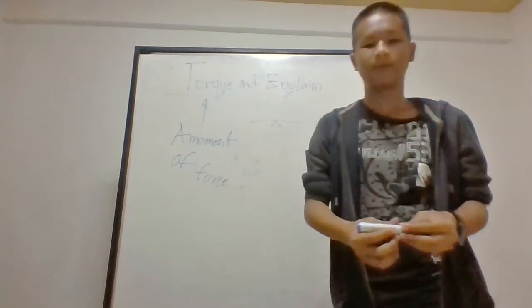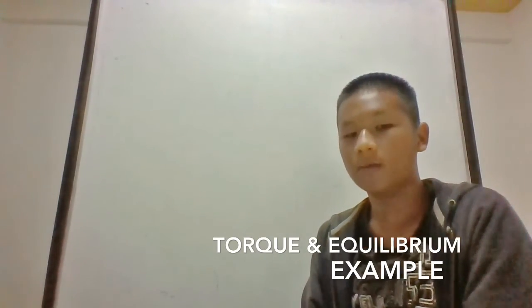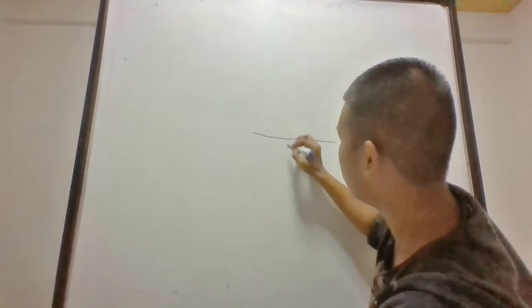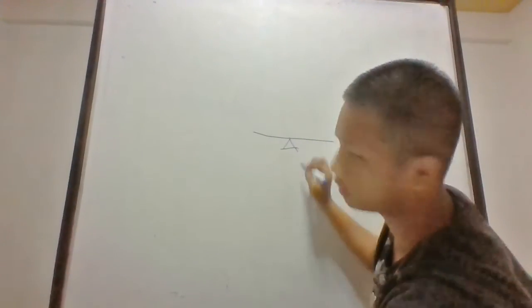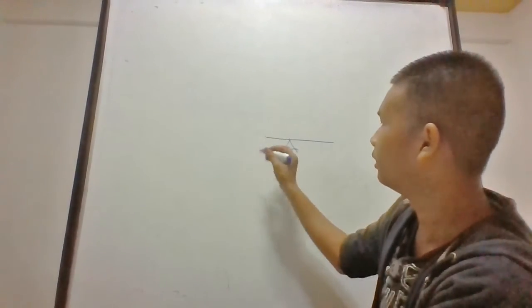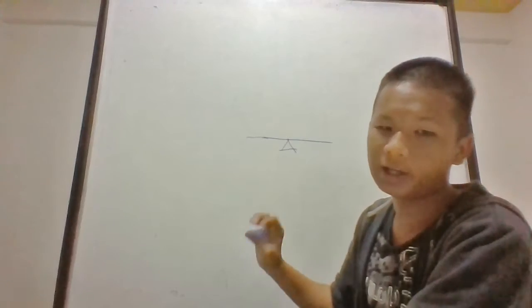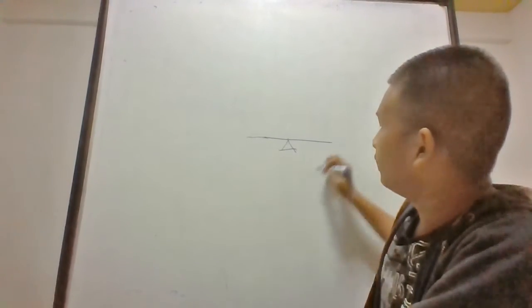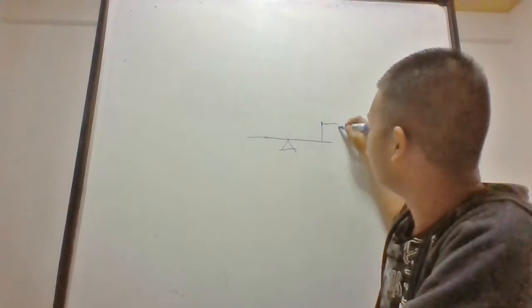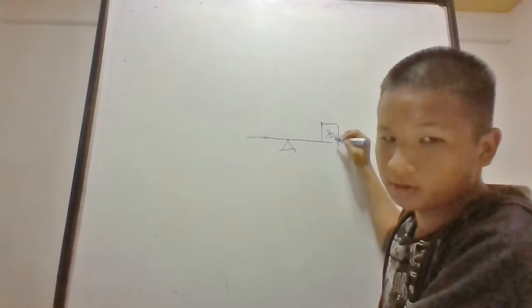Okay, so now I will give an example about torque, on a seesaw. Let's imagine that it's a seesaw that you played when you were a kid. So there is a heavy kid here. He weighs 70 kilograms.